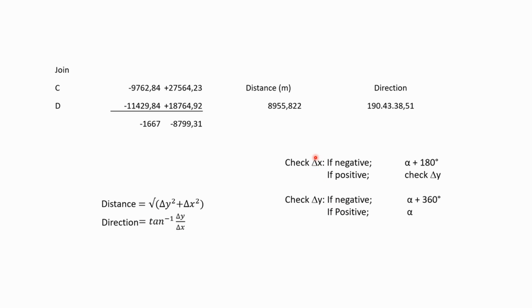So we'll first check our delta x, which is this value over here, and if it is negative, then we have to add 180 degrees to our alpha value, which in this case is the scenario we have. So we'll say the 10 degrees plus the 180 degrees, and this will give us 190 degrees 43 minutes and 38.51 seconds. However, if it was positive, we would go and check y, which in that case, if it was negative, we would add 360 or leave it as it is if it was positive.